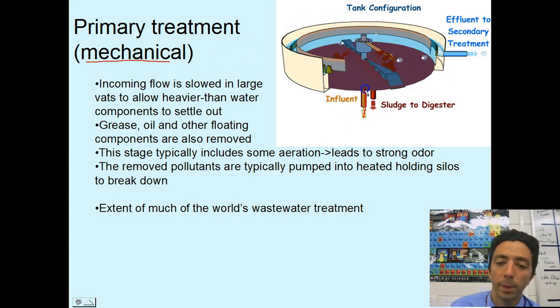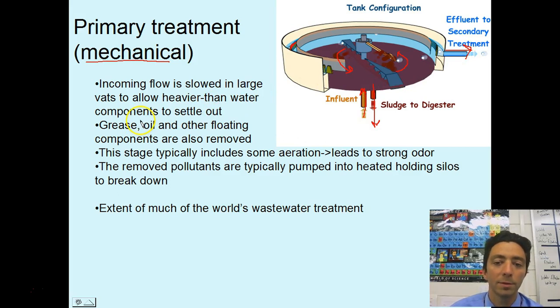We pump it in through the bottom, and we've got an arm that rotates, and this rotating arm continually moves the sludge on the bottom, the really large suspended solids that settle out over time, into a sludge digester, and it's transferred on to a different step. The clear stuff around the top has to pass through a kind of filter device, and the clear water is then able to move on to secondary treatment.